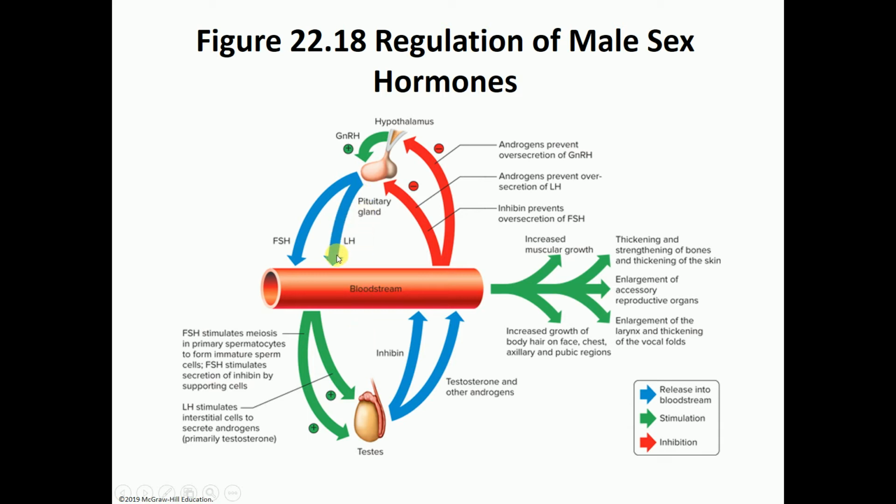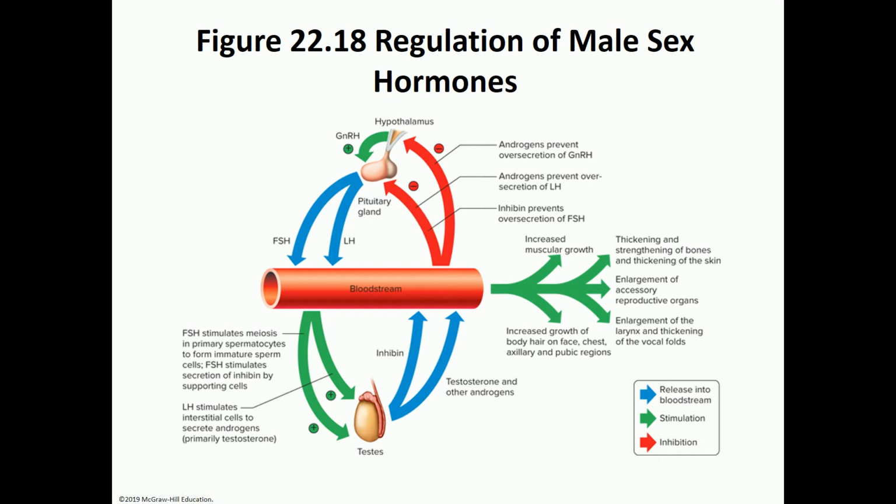Now LH, or luteinizing hormone, reaches the testis, and it stimulates the interstitial cells to start producing the androgens. Again, the most important one is testosterone. And when testosterone goes through the bloodstream, through negative feedback, it will inhibit both the hypothalamus and the anterior pituitary.